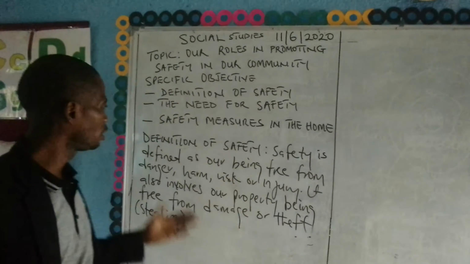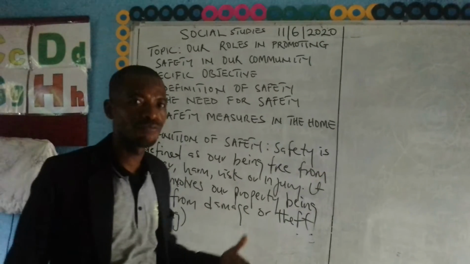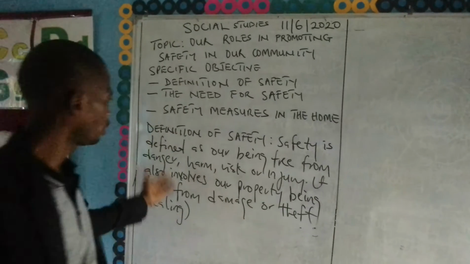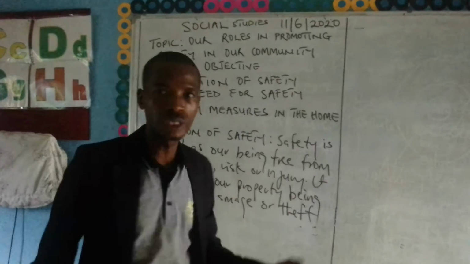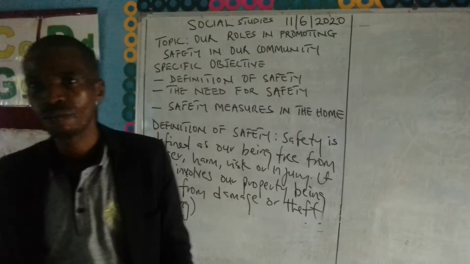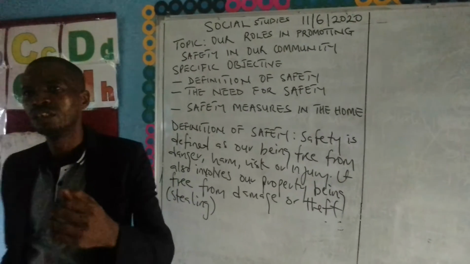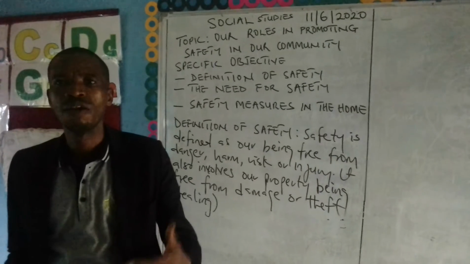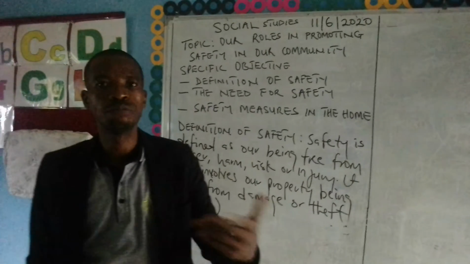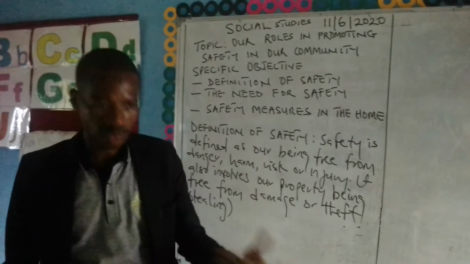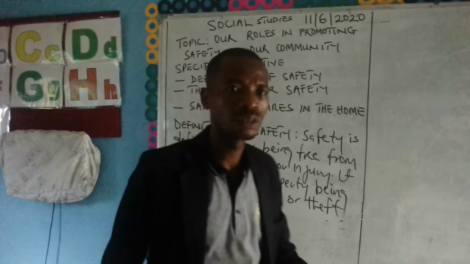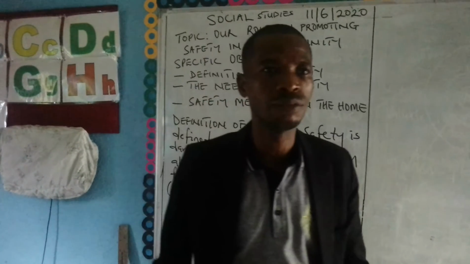Safety is defined as our being free from danger, harm, risk, or injury. Again, safety involves our property being free from damage or theft. By theft, what we mean is stealing.